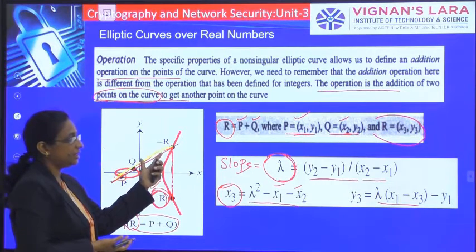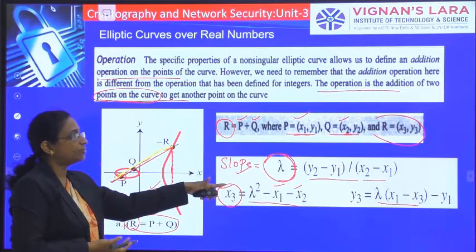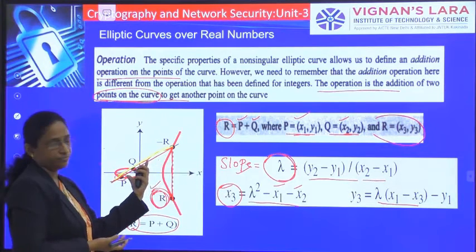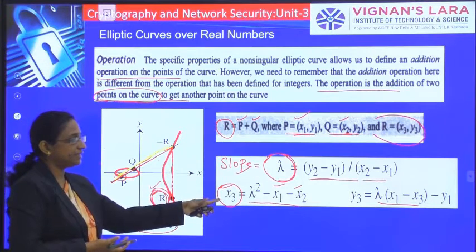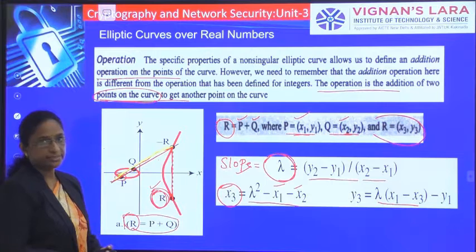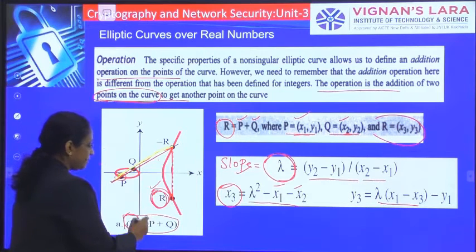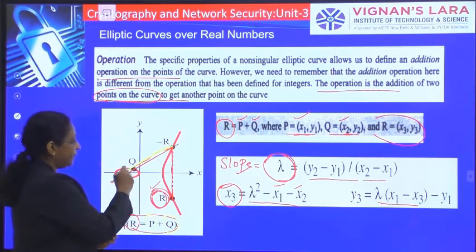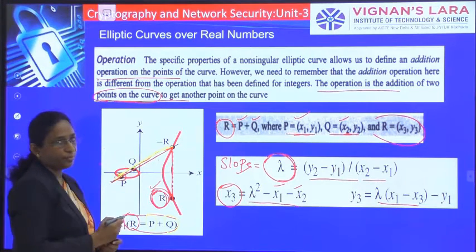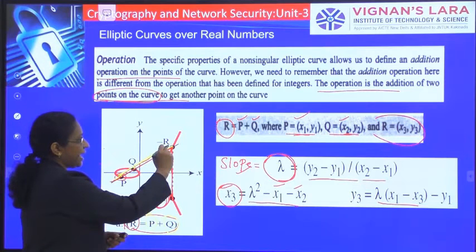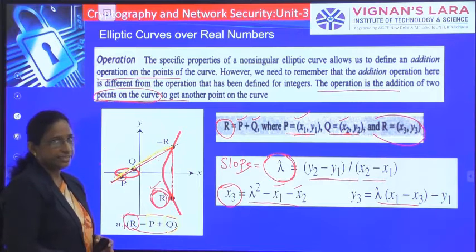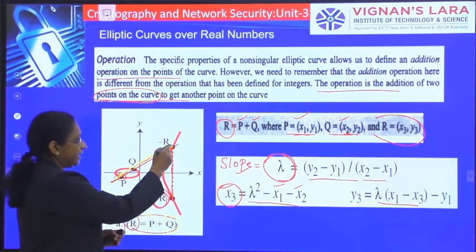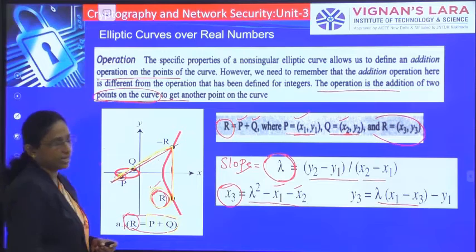To get that, you first have to calculate the slope of the line, and after that you calculate the x3 and y3 coordinates. So these are your P and Q values, points on the curve. If you draw a line through P and Q such that it intercepts the curve at another point, then taking the reflection of that point, you get the R value.